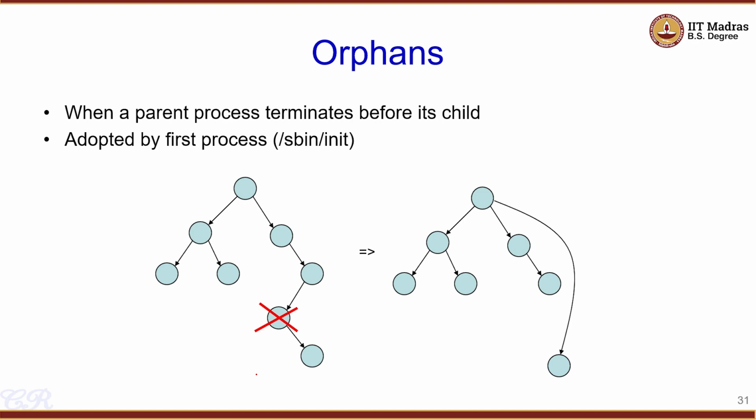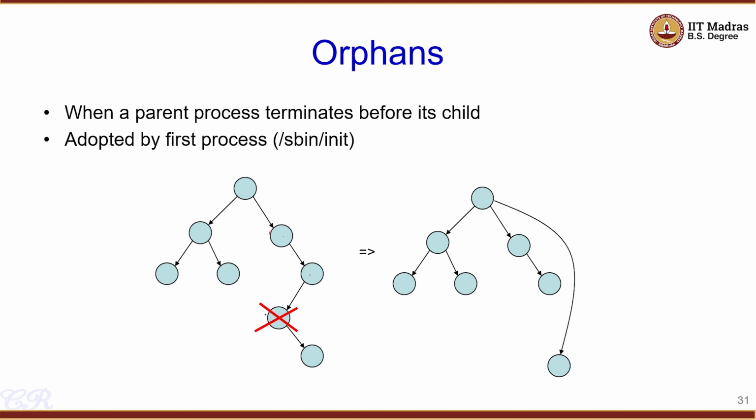Another type of process is called the orphan process. Typically, we have a parent process which creates a child process, and the parent process waits until the child process completes its execution. But sometimes the parent process may itself terminate before the child process completes its execution.